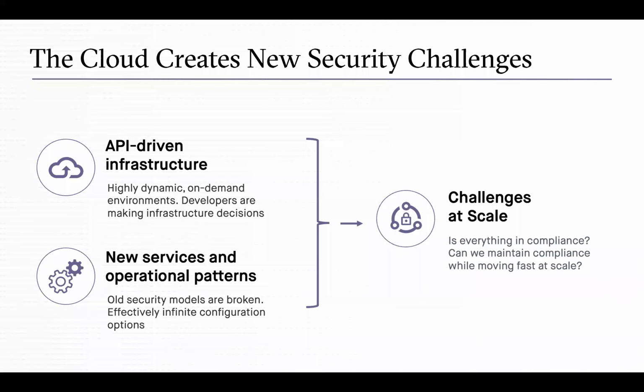How can you know if things are in compliance and secure? And then how can you maintain that things are in compliance and secure while moving fast at scale, while not getting in the way of developers? And the answer to that is to shift left with tools like Fugue, which we'll drill into more.